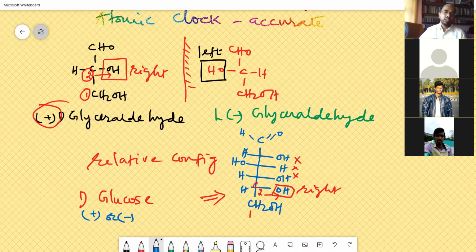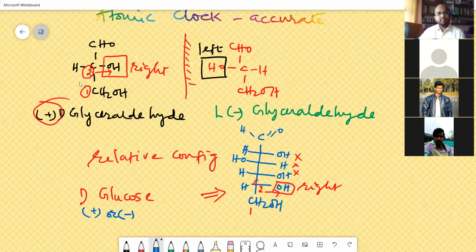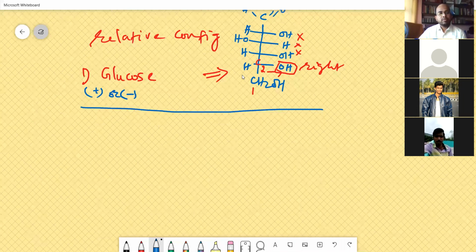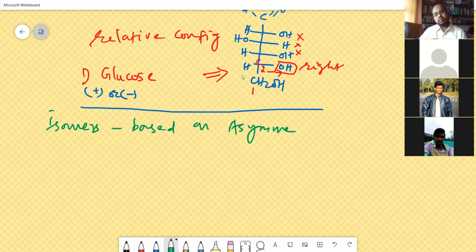Why? Because glucose is able to give many isomers based on asymmetric carbon atoms.